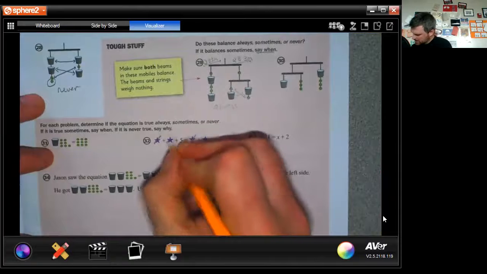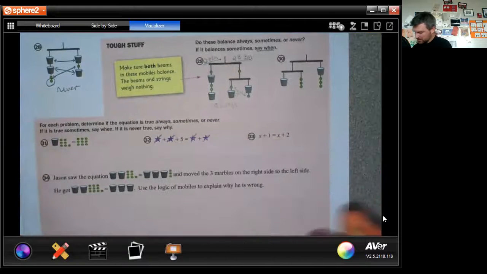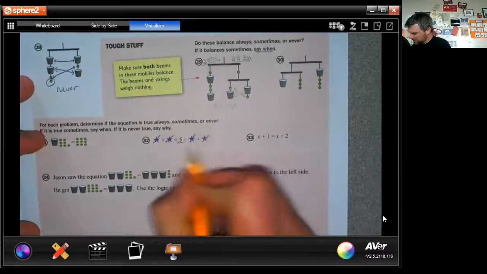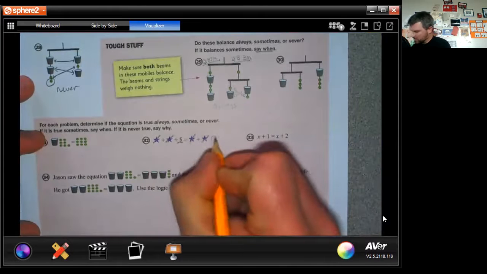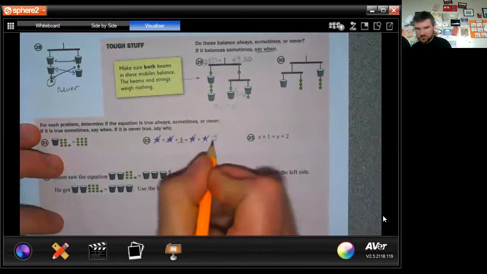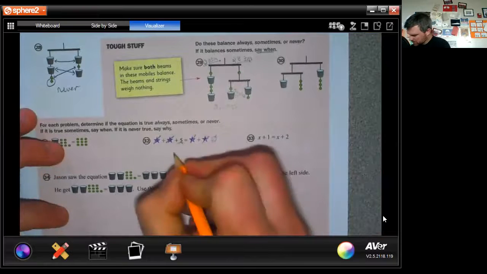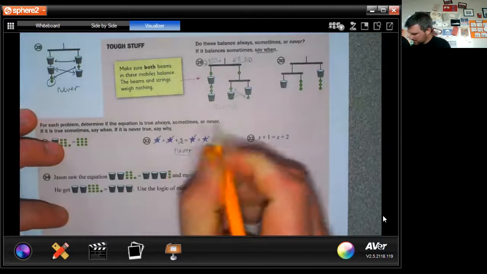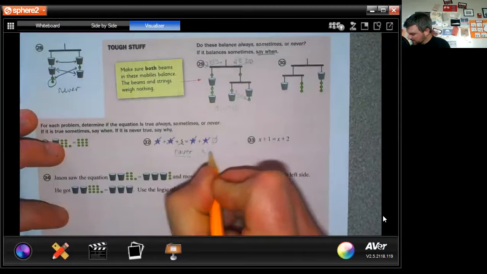We got a star there and a star there. Those will always balance each other out. So I have 5 on this side, but I don't have anything on this side. I have 0 on that right side. Will 5 equal 0? No. So this will never balance. Okay? And you could say 5 does not equal 0.